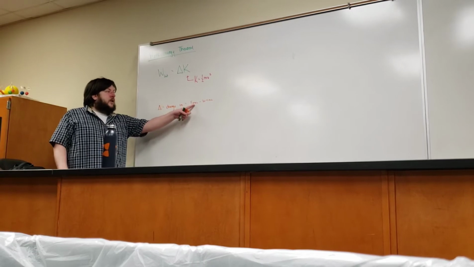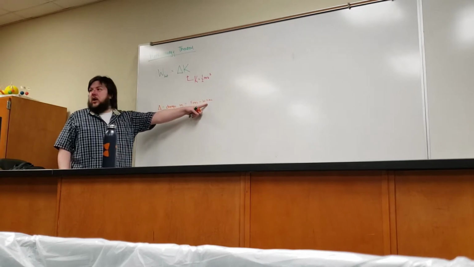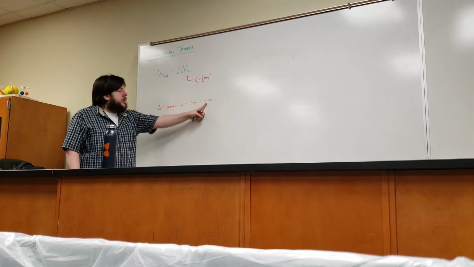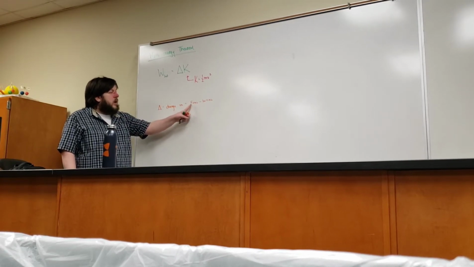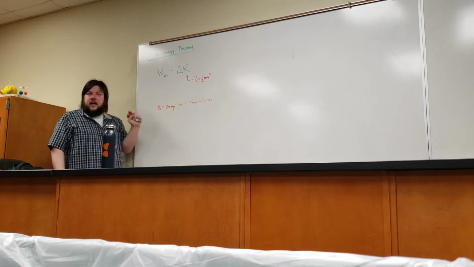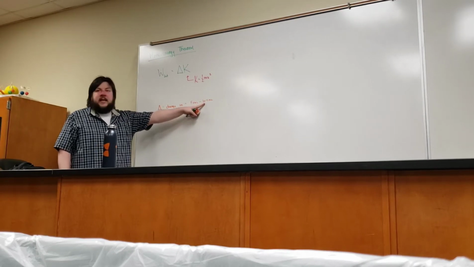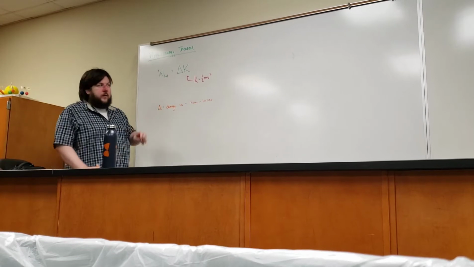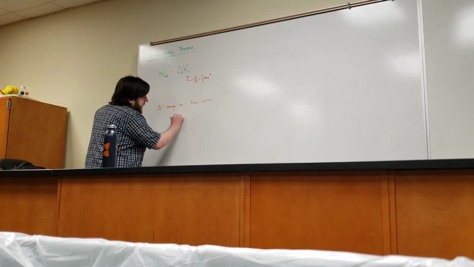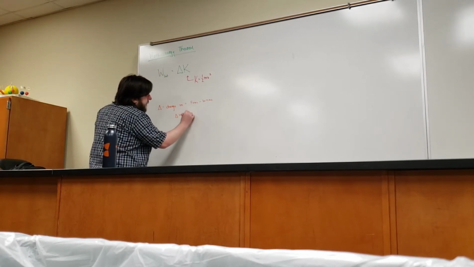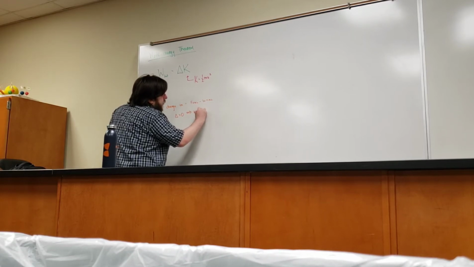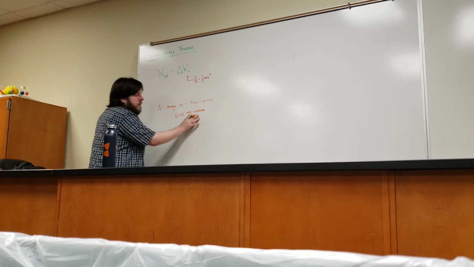If the final is greater than the initial, you have a positive delta. If the initial is greater than the final, you have a negative delta. And if the final equals the initial, your delta is what? 0.